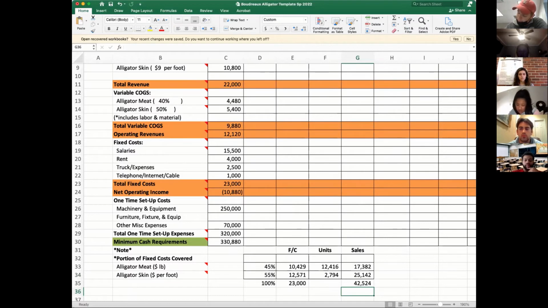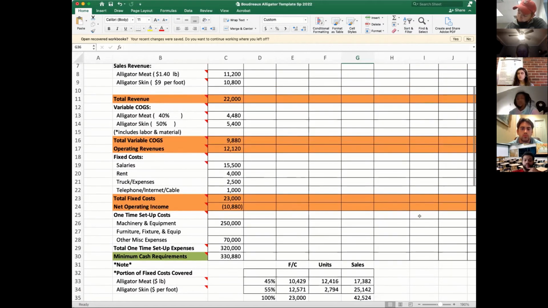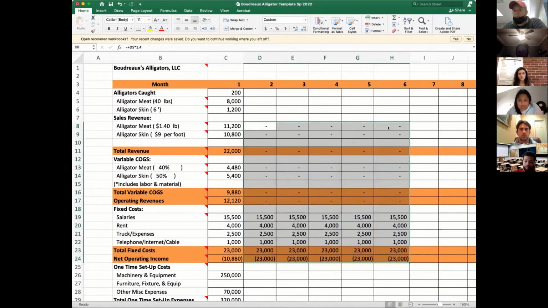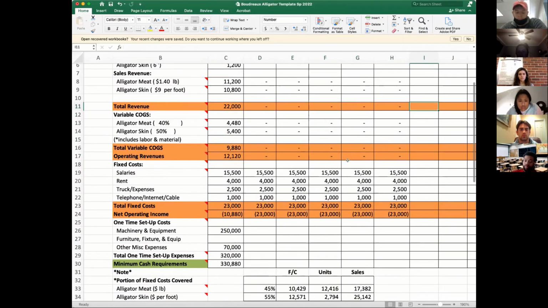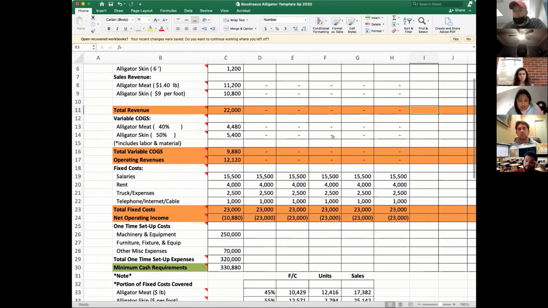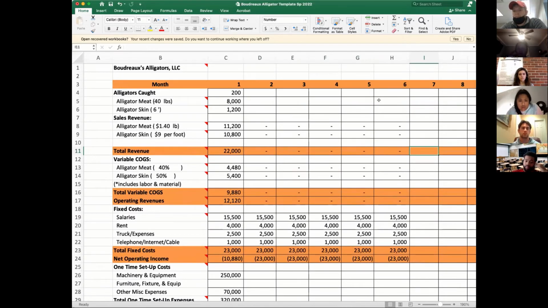Now, here's the neat thing about doing it in a spreadsheet. I've got all the formulas here, right? So I can go over here, I can copy this, and all I have to do now is go up to my 6 month plan.